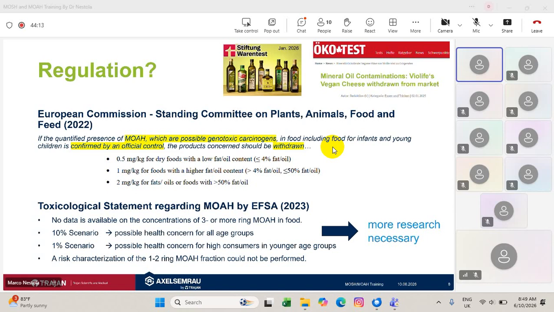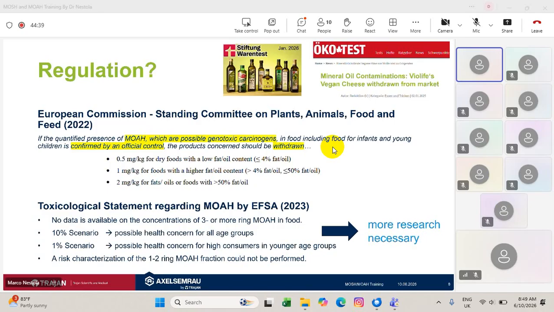So up to now, we still don't know if 1 and 2 ring systems are toxic. If you ask me, they are not toxic, but I'm pretty sure a lot of universities will study that, and you will have a lot of PhDs coming from that, and a lot of people paid for that, with the final result that they are not toxic. For the 3 ring and up to 7 ring systems, it is known that there are potential candidates that are carcinogenic.